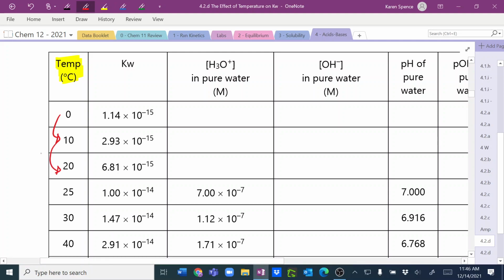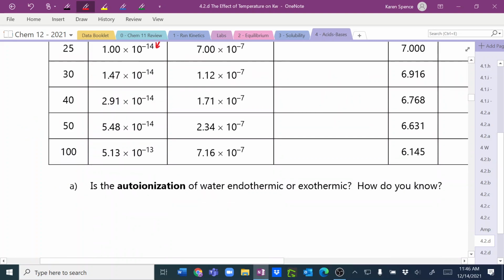Temperature is increasing. What else should we be looking at? We should be looking at what's happening to the Kw. What's happening to Kw? It's also increasing.